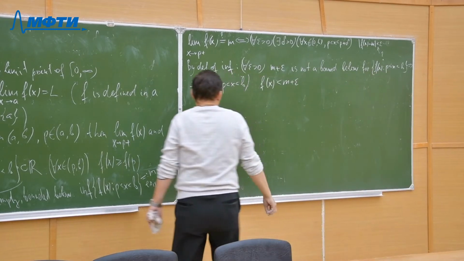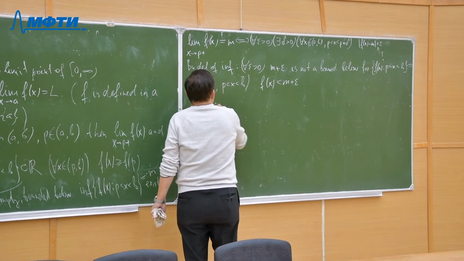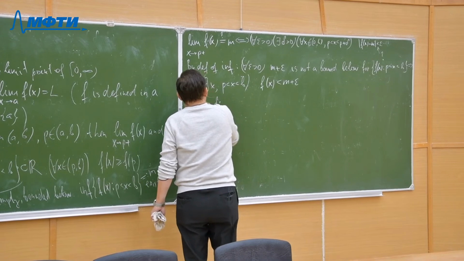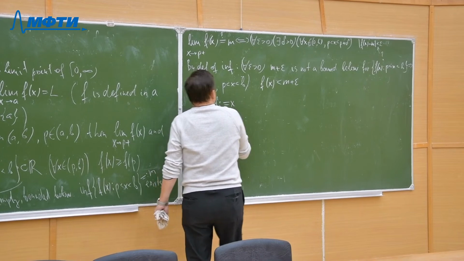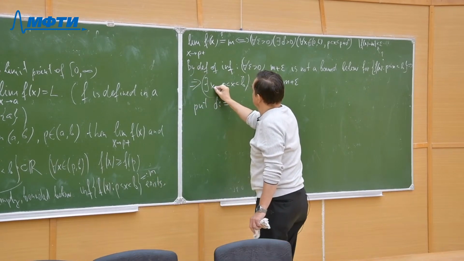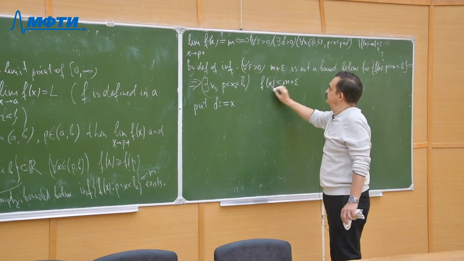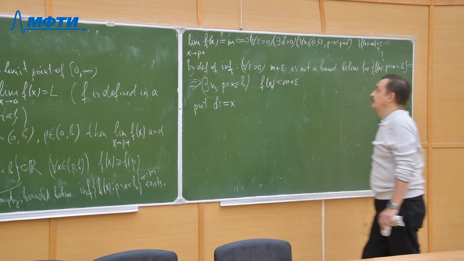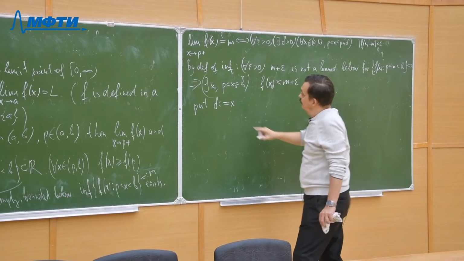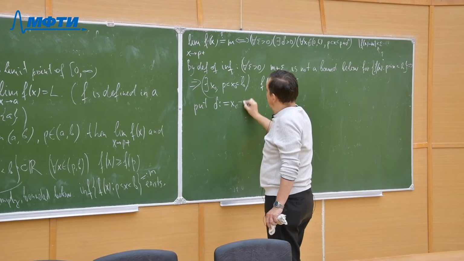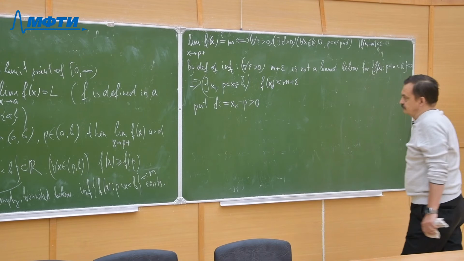Then denote by, okay, put delta equals x naught minus p. That is a positive number, right?